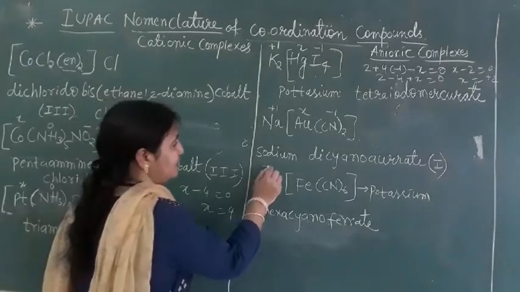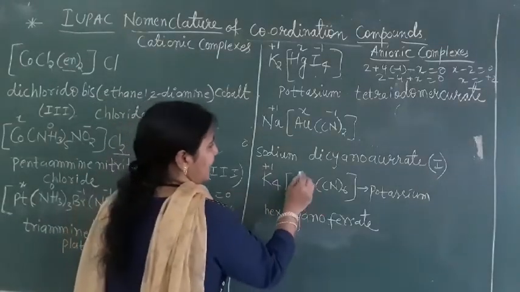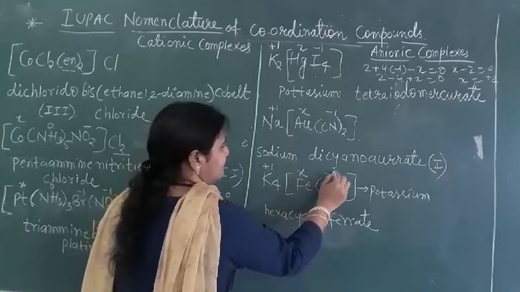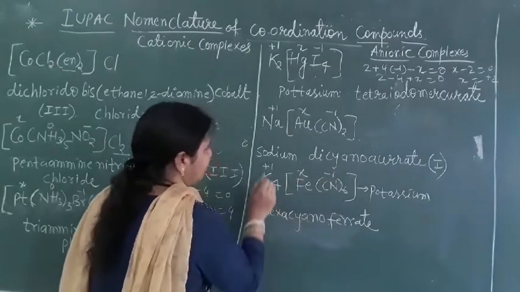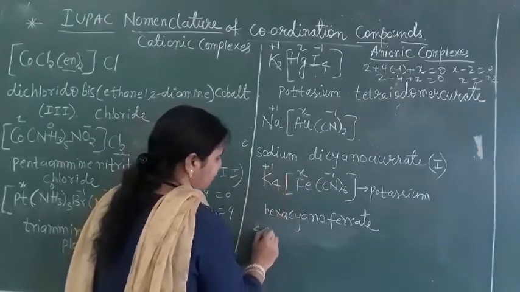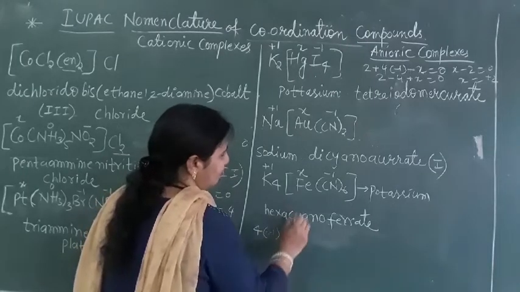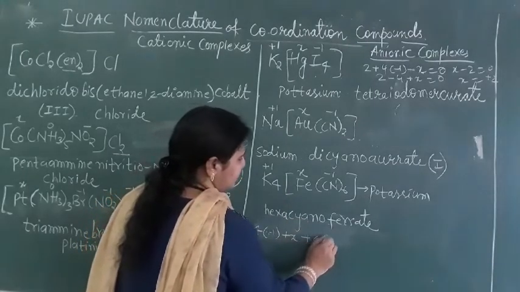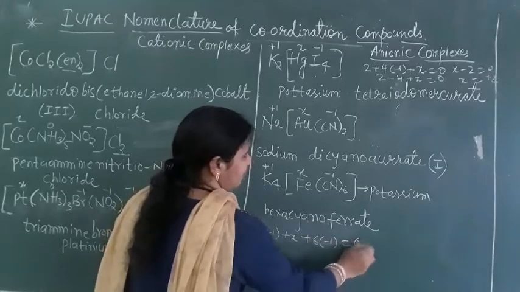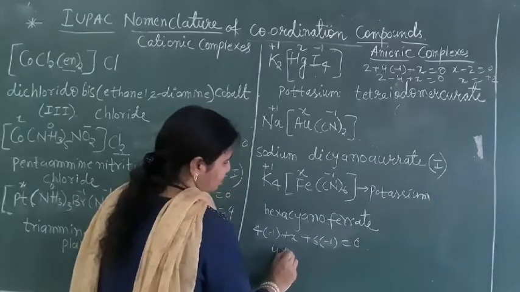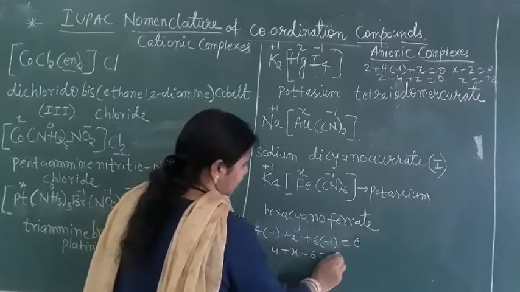And now the oxidation number. Find out the oxidation number. This is plus 1. Okay. And this is X. CN means minus 1 charge. So plus 1, how many are there? 4 are there. So 4 plus 1 here. So inside here, plus X, plus 6 CN at minus 1 charge is equal to 0. So 4 plus X minus 6 is equal to 0.